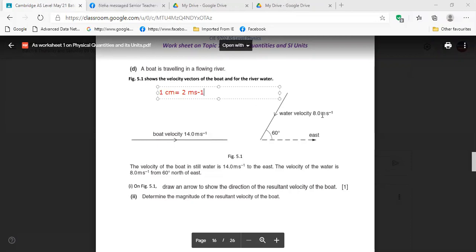Then this 8 meters per second will be 4 centimeters, isn't it? Yes, sir. And this 14 meters per second will be 7 centimeters, isn't it? Yes. Then your work is 90% done.